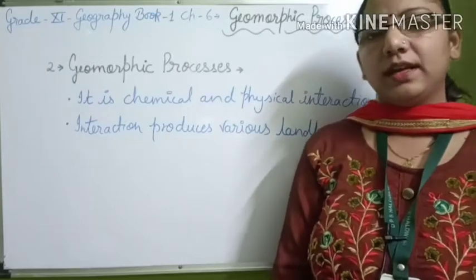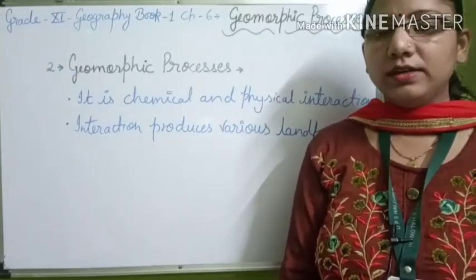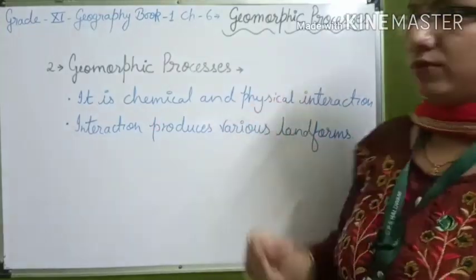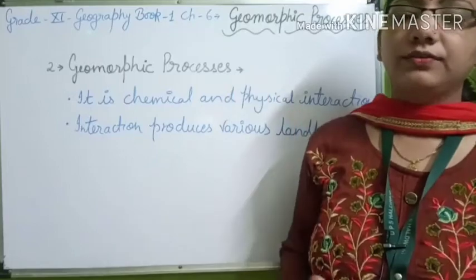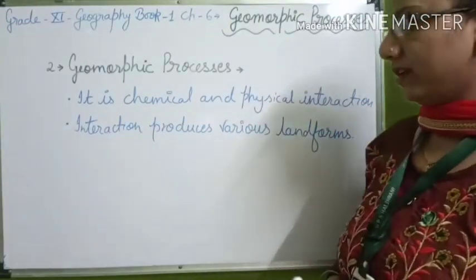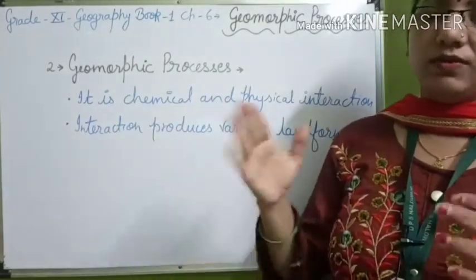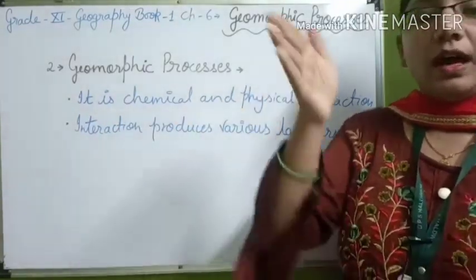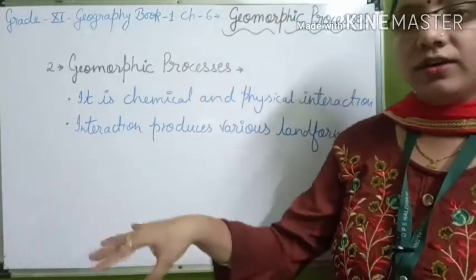So students, let's see what geomorphic process is. Students, the geomorphic process refers to the chemical and physical interaction between the earth surface and the natural forces which are acting on it.